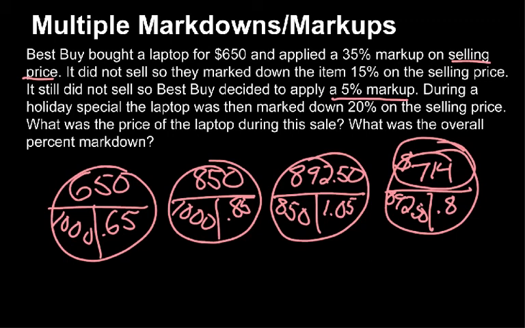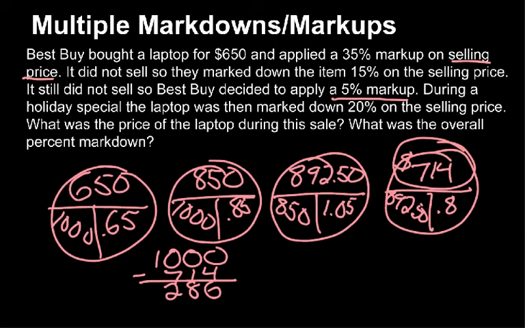But there's a second part to this question, and that is, what is the overall percent markdown? Now, in order to do this, we need to figure out how much money did this laptop drop during this time. So it started at $1,000, and it went down to 714. So if I subtract those, I should be able to come up with the difference, which comes out to be $286.